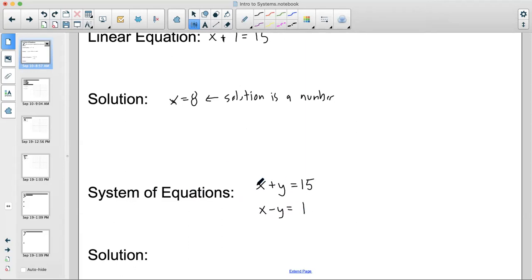Usually there's an x and a y and there are always two equations, because you can't solve it with just one. And the solution to this looks like 8, 7. The solution here is a pair of numbers.